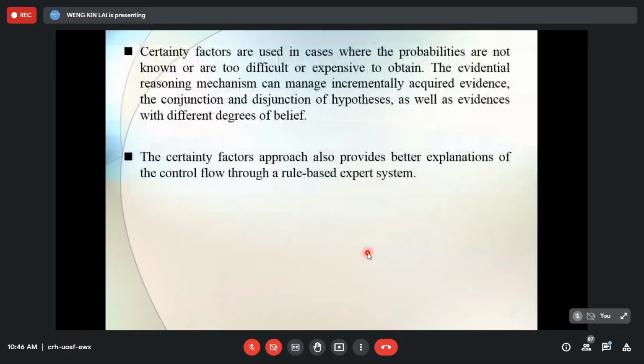Certainty factors are used in cases where the probabilities are not known. So if you cannot find the historical data to give you the probability of such an event being true or false, or it is too difficult or expensive to obtain. Now, what do you mean by that? For you to collect the data, you need to talk to, let's say, 1,000 or 10,000 people.